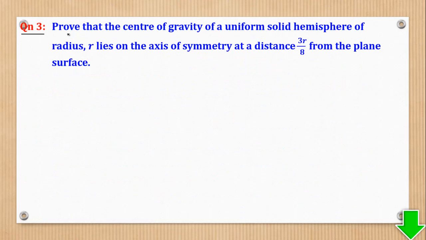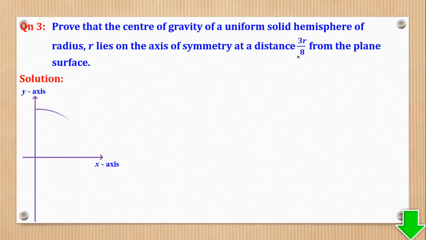Then question 3, prove that the center of gravity of a uniform solid hemisphere of radius r lies on the axis of symmetry at a distance 3r/8 from the plane surface. So still we do the same, we make a sketch. So the flat surface lies on the y-axis.